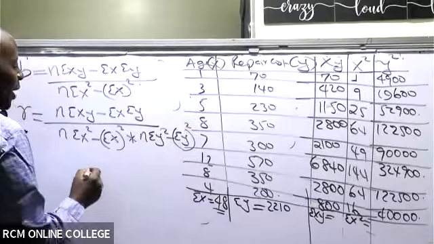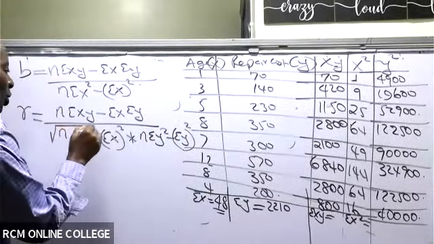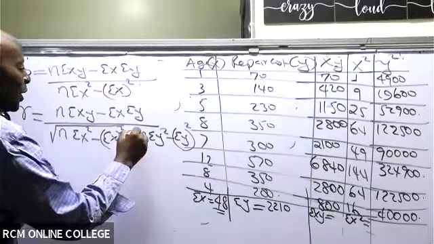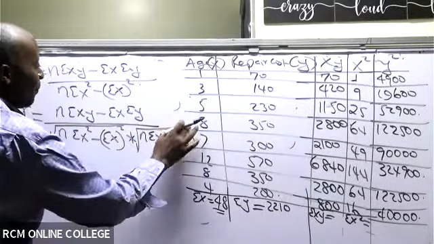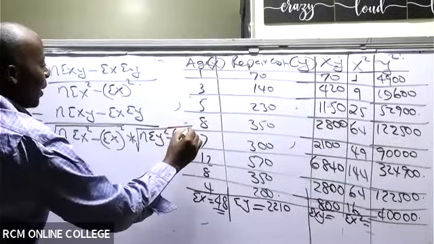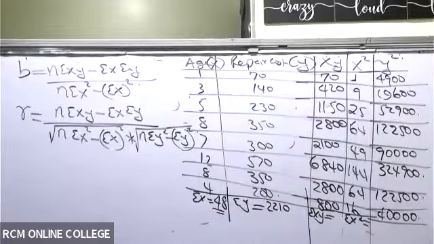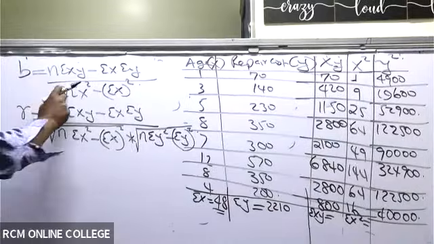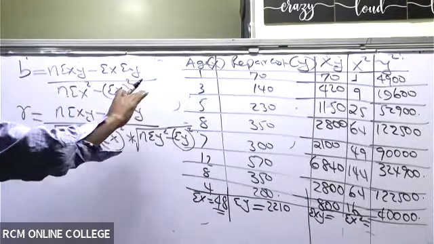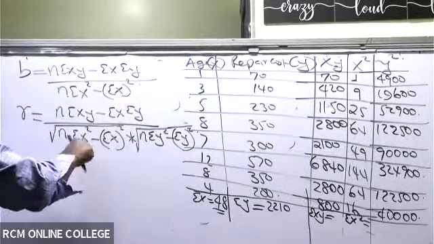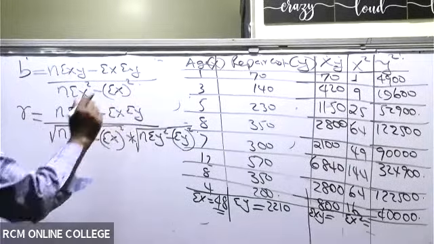Then you put these under their respective square roots. I prefer putting them under their respective square roots: this times an equivalent of this, but with y, each under its own square root.